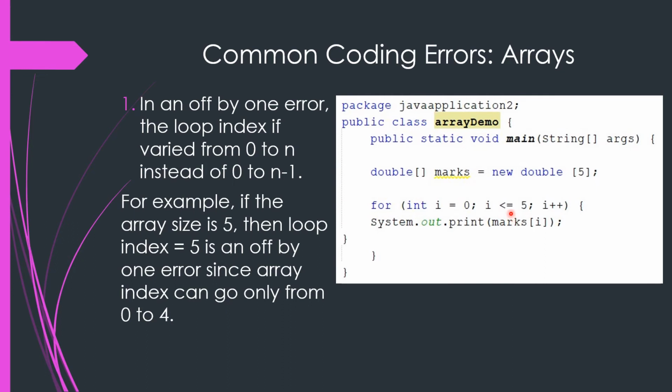So here the loop index is 5, which is a coding error, because the loop index never goes from 0 to n, but goes from 0 to n minus 1. For this coding where we have given the loop index as the size of the array, this will be considered an off by one error.